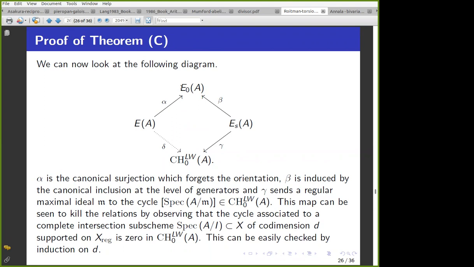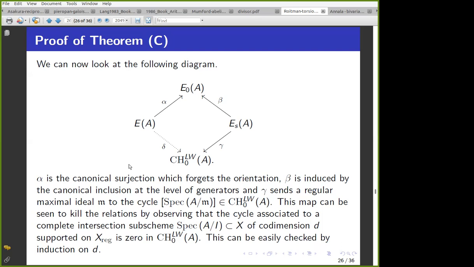And you clearly have a map from ES of A to the Levine-Weibel Chow group. So there is a zigzag like this. And actually, it's not hard to see that for complete intersection ideals, if their class in Chow group vanishes, you can work by induction, and then for curves, it is very easy to see.